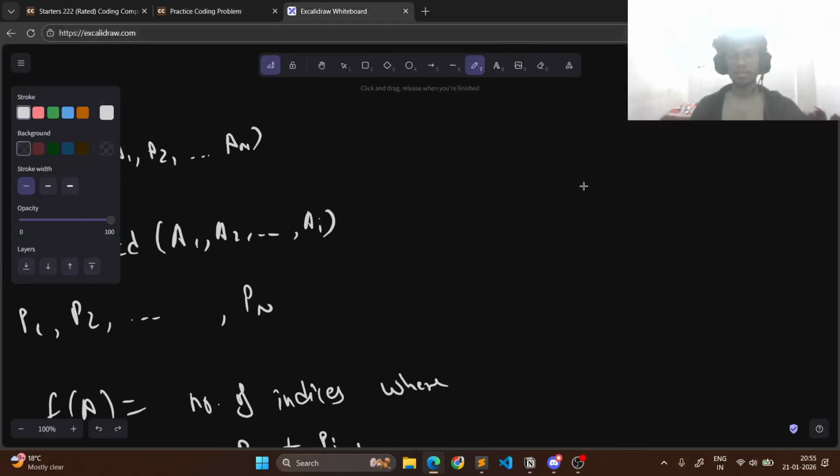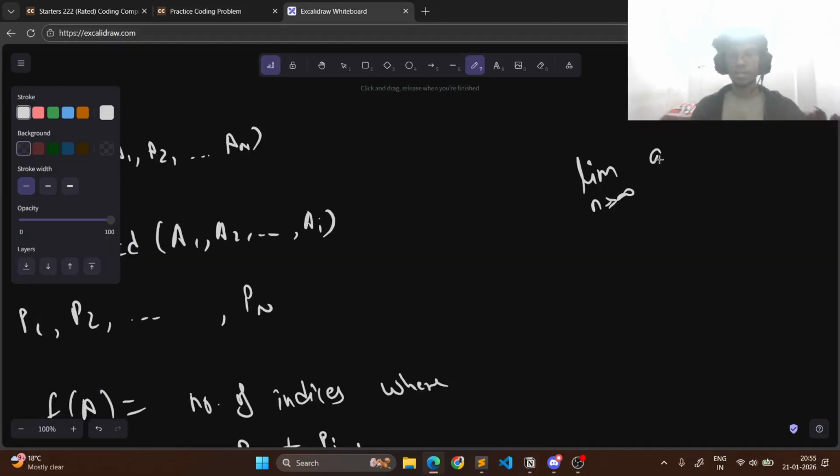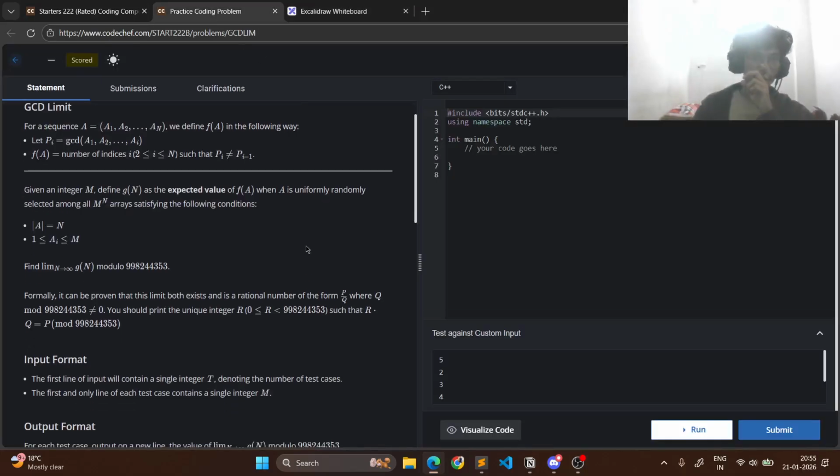This is specifically a math problem, I guess. Alright, 998244353. And that this limit both exists and is a rational number of the form p by q. Should print the unique integer r.